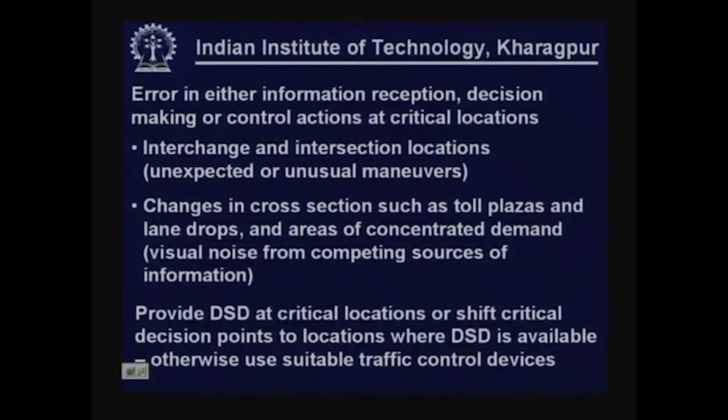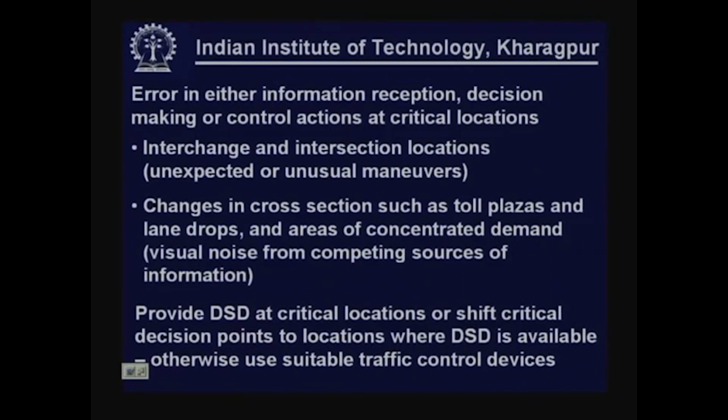So, at complex or critical locations, there could be error in either information reception, decision making, or control actions. For example, interchange and intersection locations, where there is a possibility that unexpected or unusual maneuvers are required.